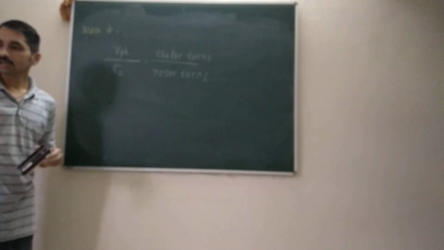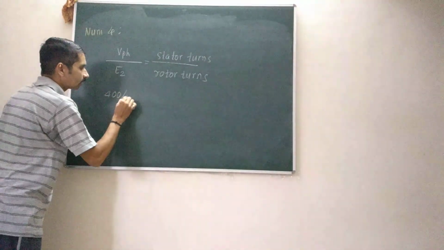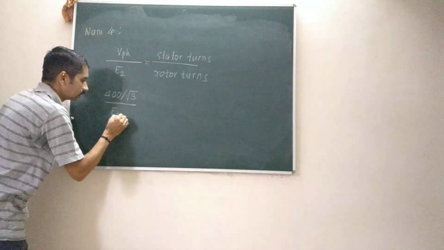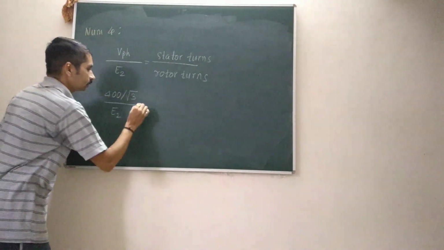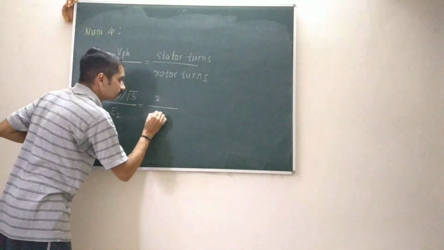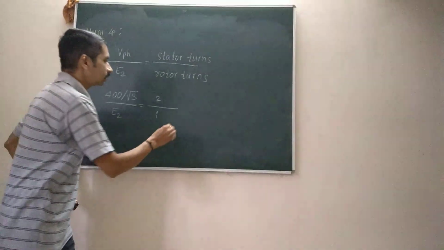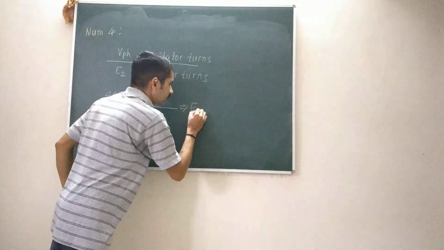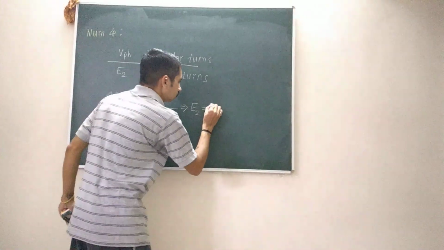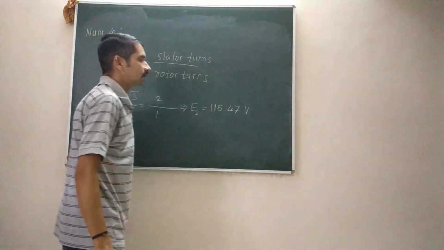Your stator is connected in star fashion, so per phase voltage will be 400 upon root 3, divided by E2, equals 2 upon 1. This gives the rotor induced EMF per phase as 115.47 volts.